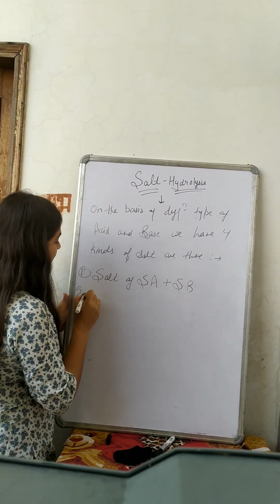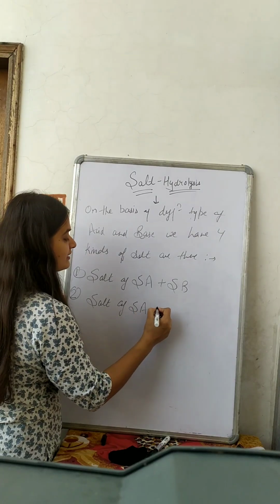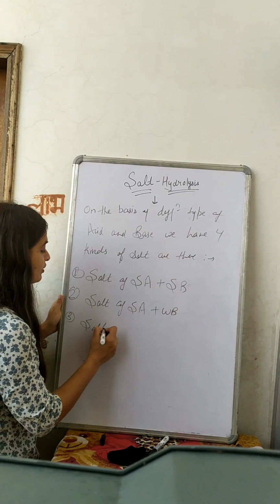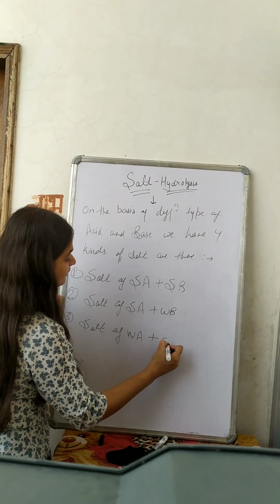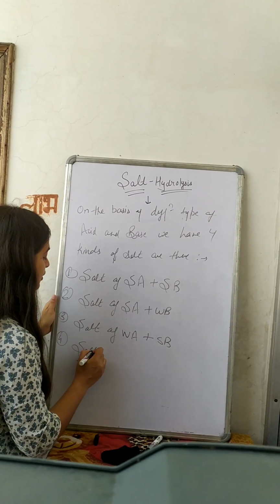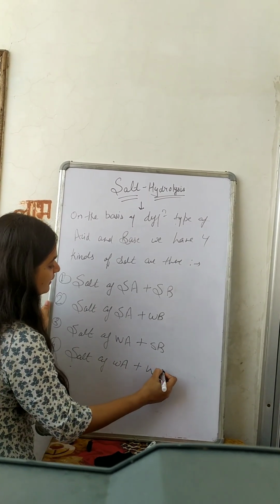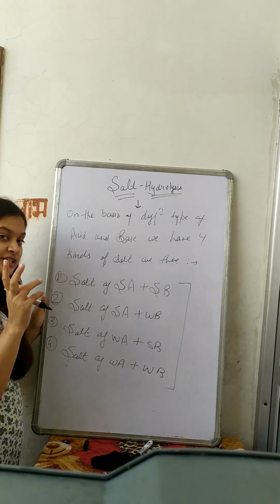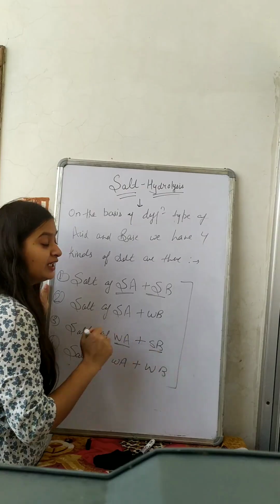The second is the salt of a strong acid and weak base. The third is the salt of a weak acid with strong base, and the fourth is the salt of a weak acid with weak base. Today we will discuss only two types of salt: strong acid with strong base, and weak acid with strong base.